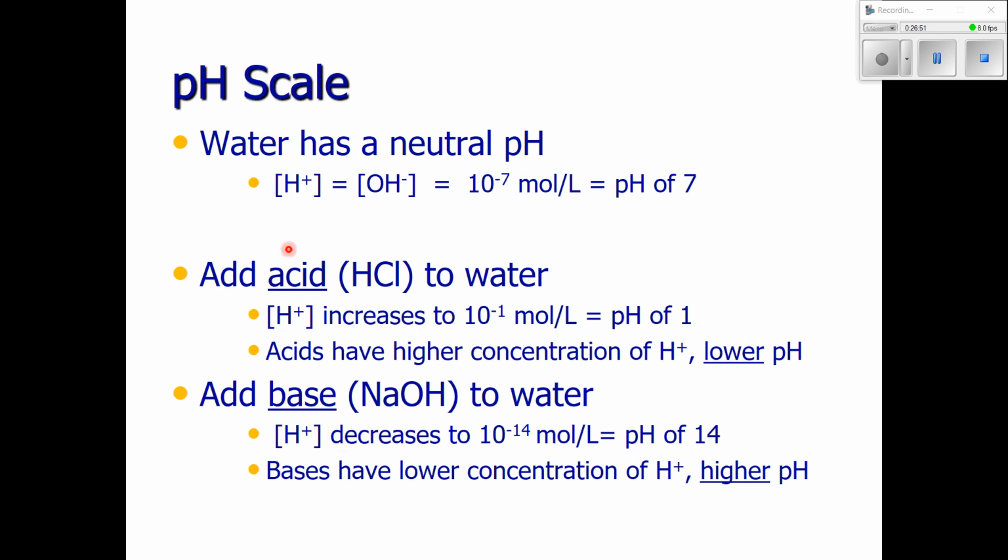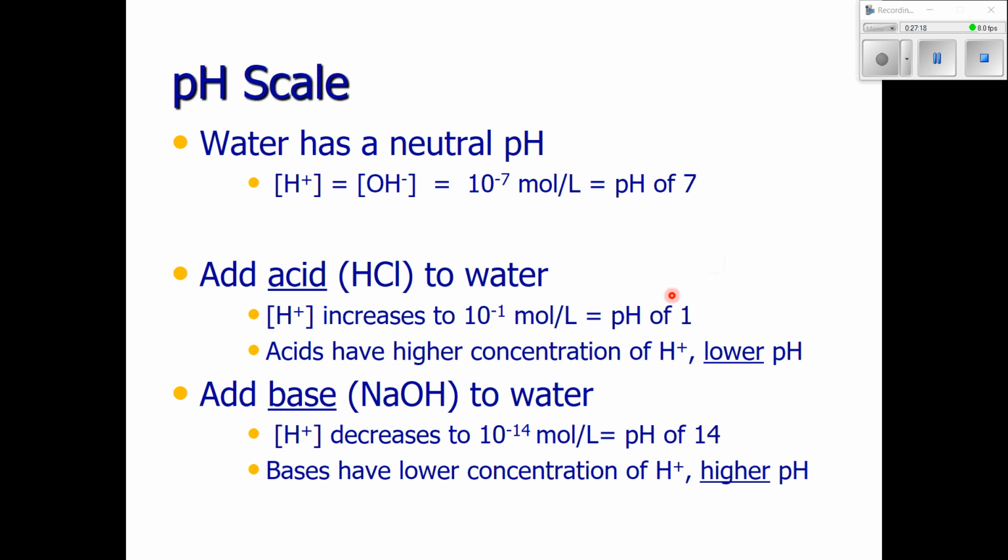If we add acid to that water, notice the pH level is going to drop. When you add acid to water, you are increasing the concentration of hydrogen ion, which causes the pH to be lower.